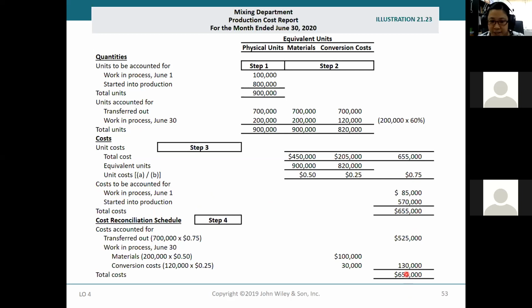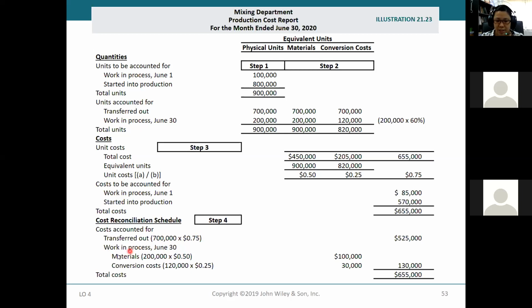You need to go back and check it. Then step number 4, we take units transferred out times the total manufacturing cost per unit. Why do we times 0.75? Because they are already completed. These 700,000 units are completed, so we times the total manufacturing cost per unit.